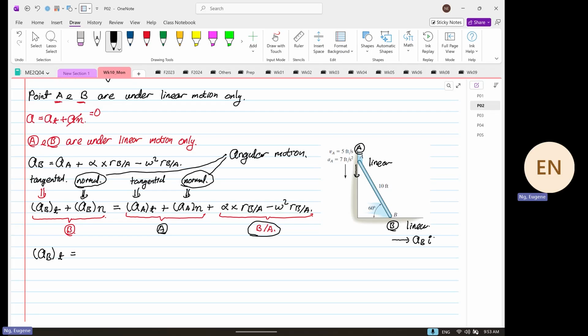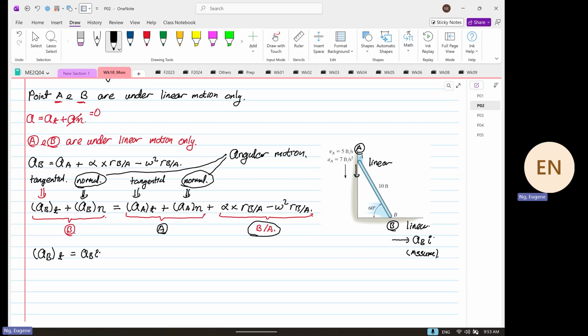So we have A_B i. Again, down here, I'm going to assume it goes in this direction. Later on, when we do the i and j components, it will help us correct if the assumption is right or wrong. Now, we have to use vector form for this, because sometimes the motion is going towards your right, but the acceleration can be in the opposite direction. So you have to be very careful over here.